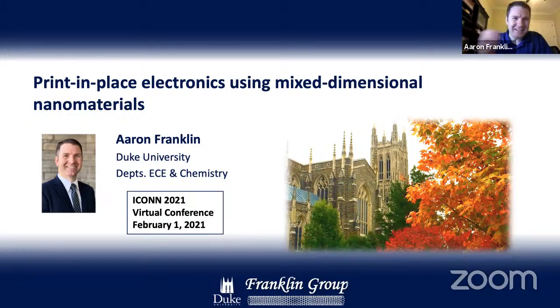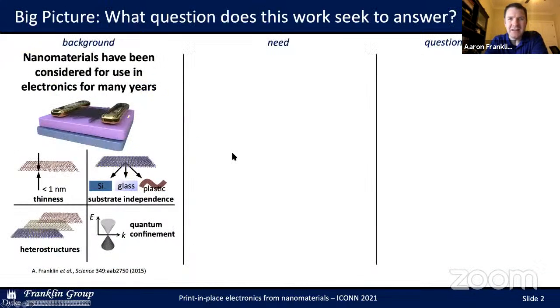Nevertheless, it's still good to be involved in this meeting, and I'm excited to spend a few moments talking about print-in-place electronics and the advancements that my group has been making in this space. A few groundwork ideas to begin my talk: the background of the research I'll present is related to the use of nanomaterials in electronics.